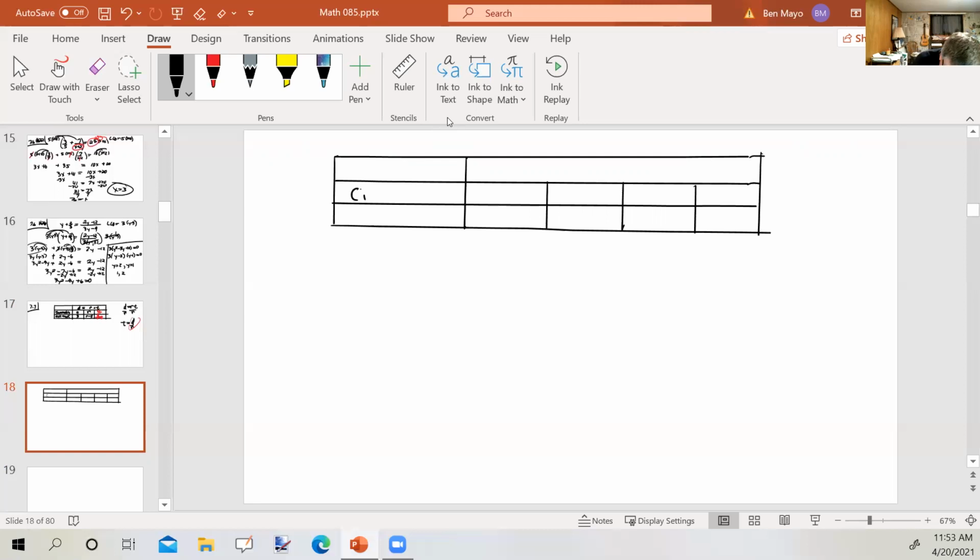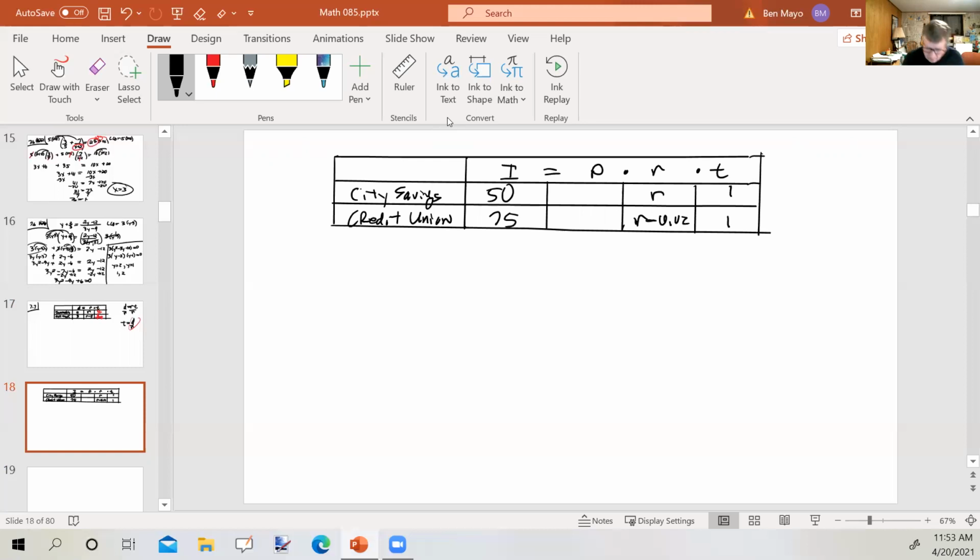Got city, savings, bank, and credit union. We're going to say that I equals P times R times T. This is 50. This is 75. This is R. This is R minus 0.02. And this is 1, and this is 1.